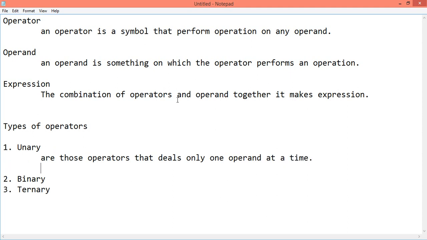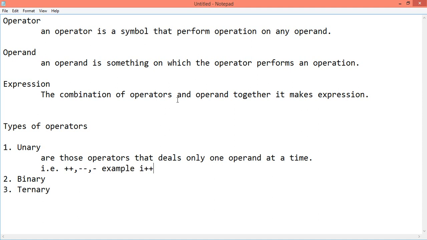Now for example, what are these operators basically? That is plus plus, minus minus, and minus. These are the operators, guys, that are always working with one operand. For example, let me write here: i plus plus.